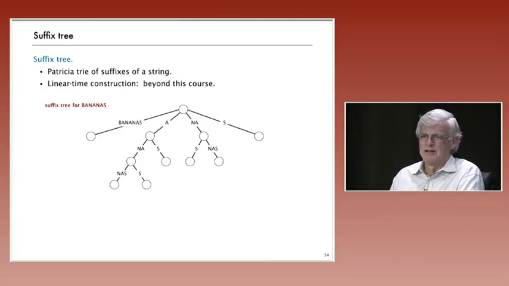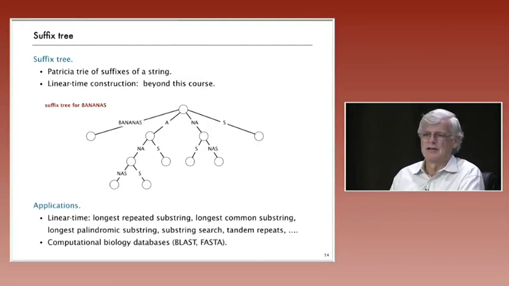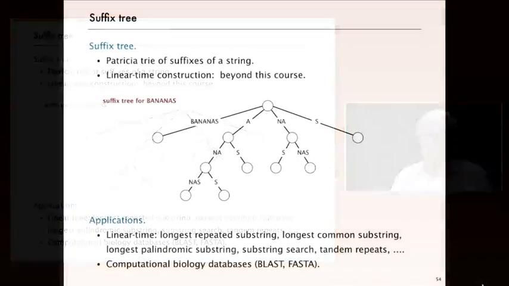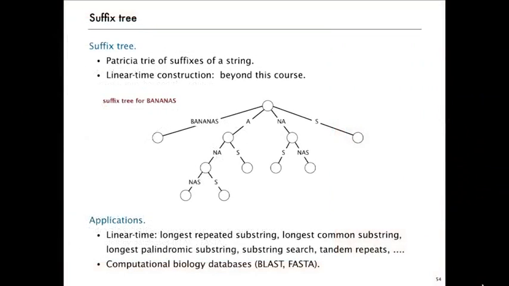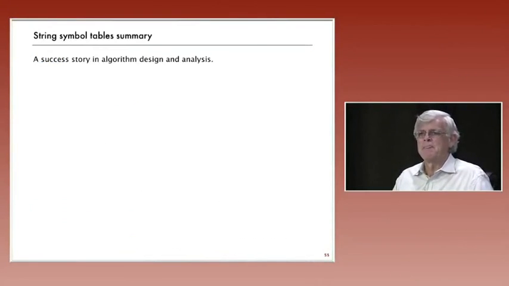And again, usually eliminate one-way branching in suffix trees. And also, amazingly, you can get them constructed in linear time. And there's all kinds of interesting applications of suffix trees. Probably the most important nowadays are in computational biology databases. Again, extensions of the kinds of algorithms that we've talked about today.